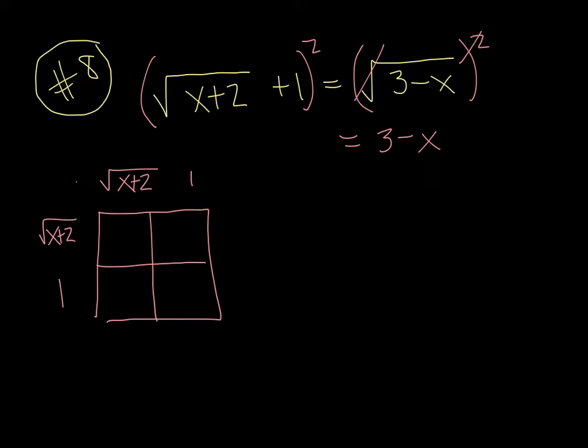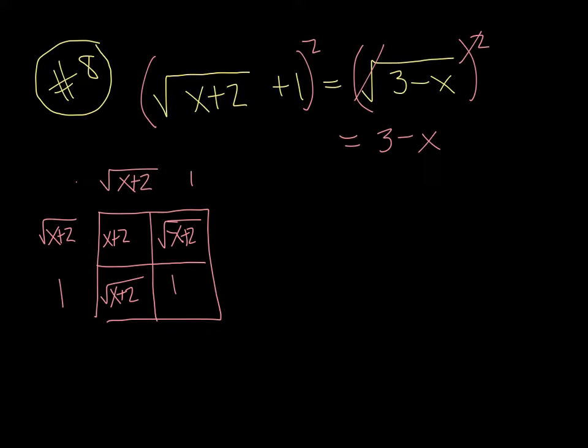Square root times square root gives us a pair, so it gives us just what's left underneath. So that gives us just x plus 2. 1 times the square root of x plus 2 gives you the square root of x plus 2. And 1 times 1 is 1.